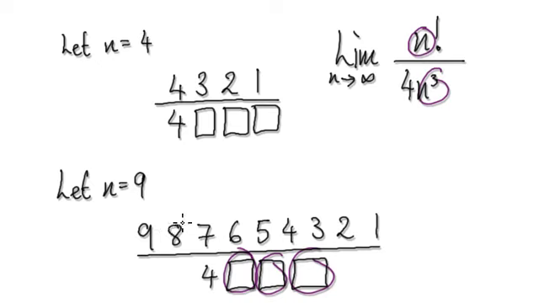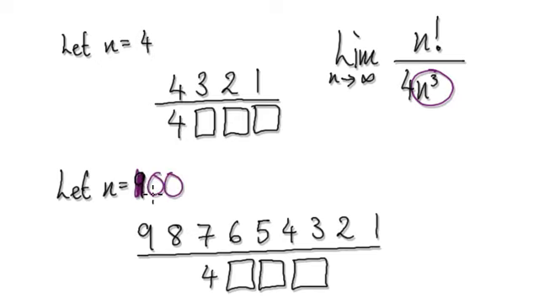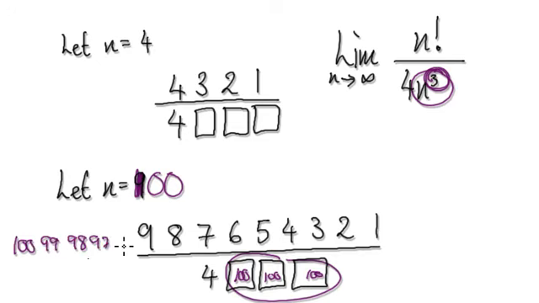N factorial, well, as n tends to infinity, I hope you can see this n here. If you increase n to, let's say, 100, then in these blocks you can put 100 into here, but then you're fixed with 3 blocks because of n to the power 3 here. Whereas up here you've got 100 times 99 times 98 times 97 times 96 and so on, all the way down.